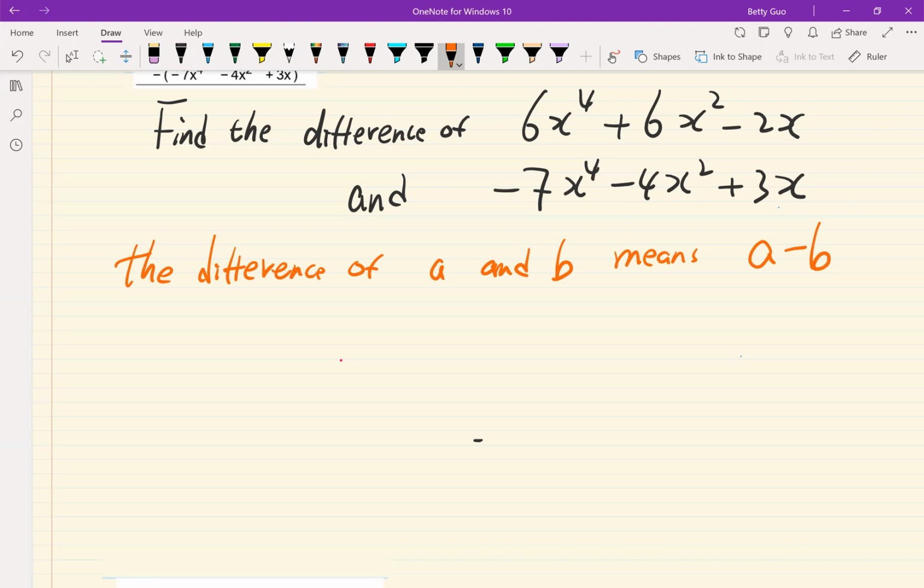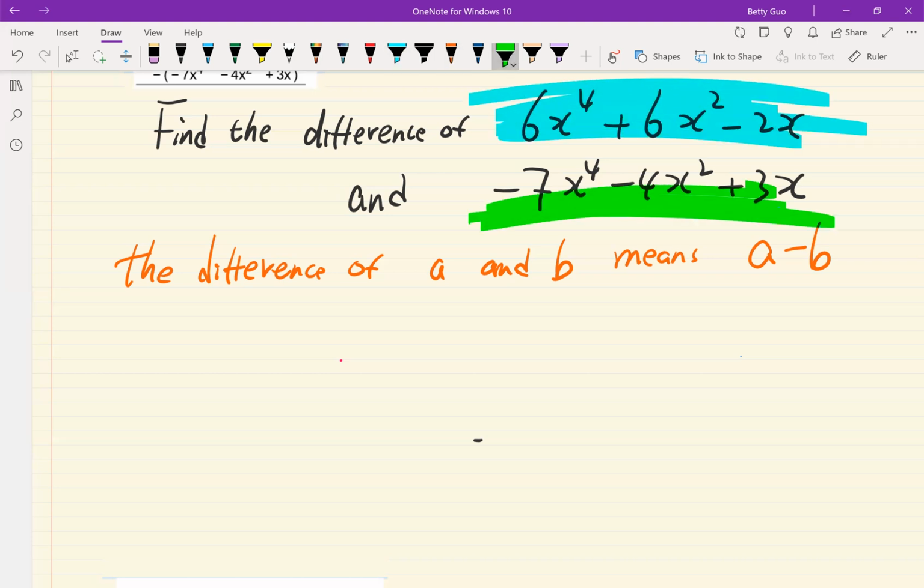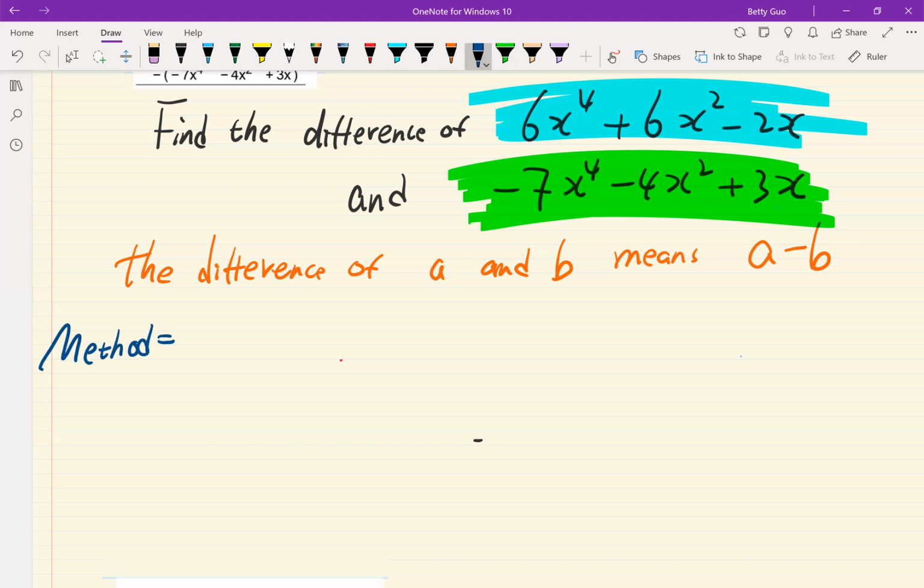The difference of A and B refers to A minus B, not B minus A. So when we take the difference of the blue polynomial and the green polynomial, you need to know you are looking for blue minus green, not green minus blue. Am I clear? Okay, as I said, I'm going to show you two different methods. Method 1, vertical method.